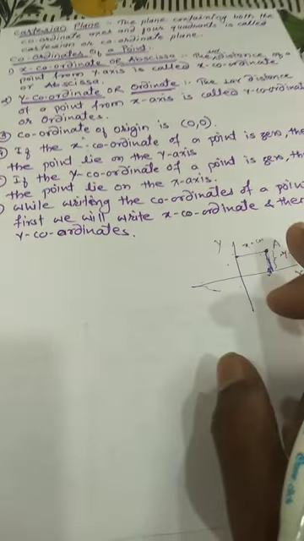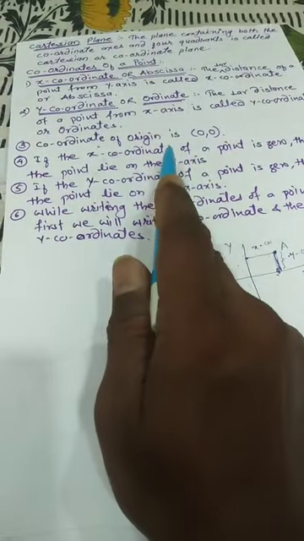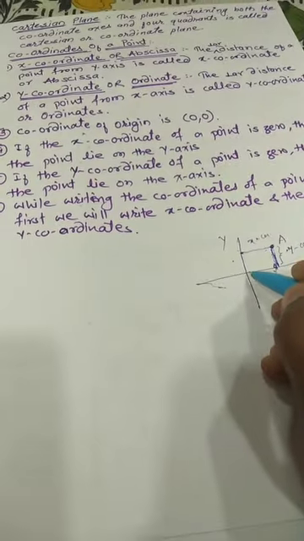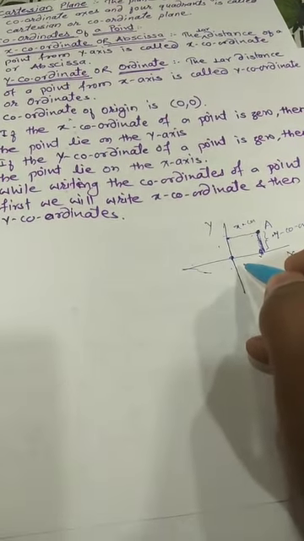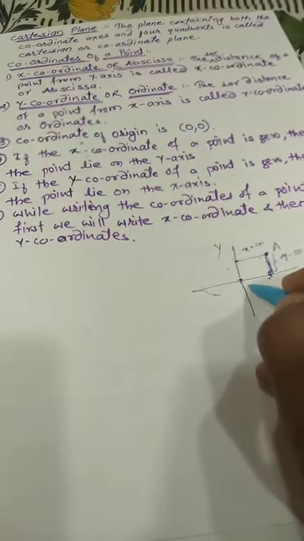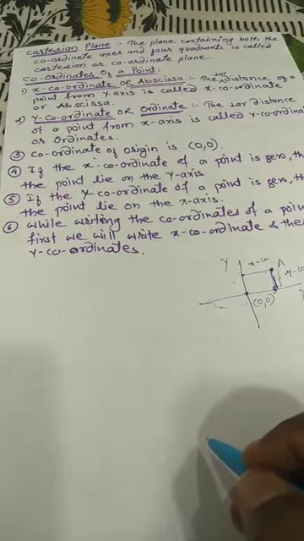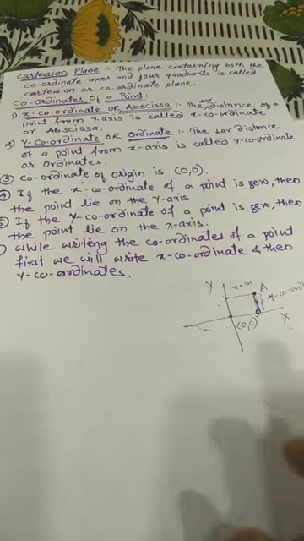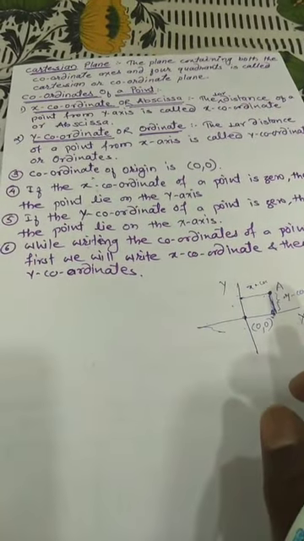Clear, students? Third important point: the coordinates of the origin are (0, 0). This intersection of the x-axis and y-axis is the origin. So the coordinates of the origin are (0, 0). Always keep in mind.